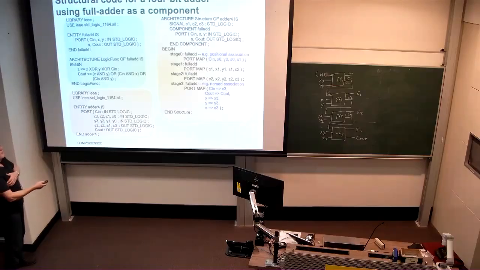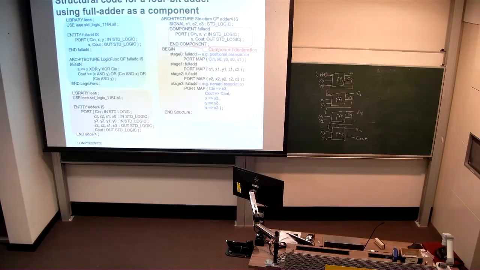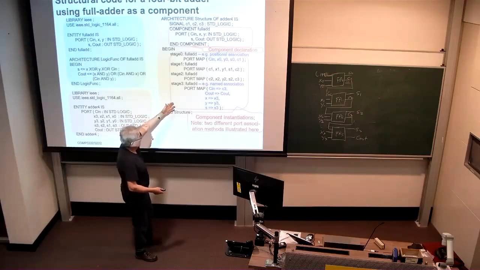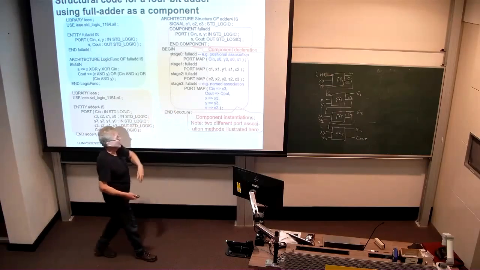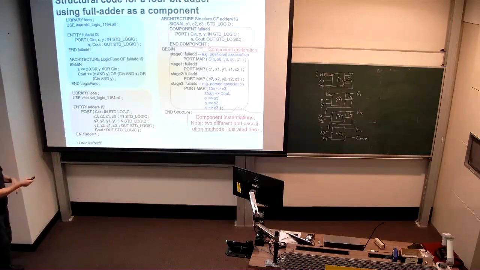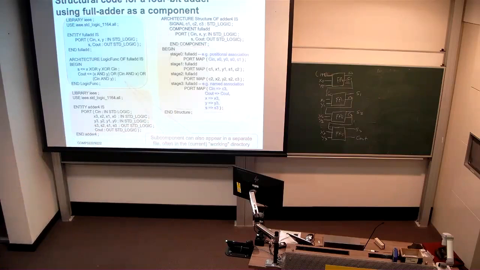That's helpful when you're designing something where you haven't finalized how you're going to declare the component that you want to use within your system. Okay, so there are a few new things here that you probably haven't seen too much of yet. The fact that we have to declare a component within our architecture, that we have a number of named, so labeled, instantiations, with 2 different port association methods. We declared our component full add in the same source file as we declare our full adder.